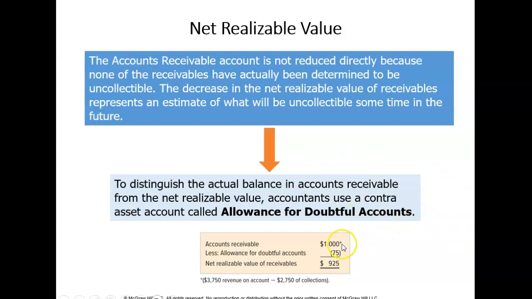But we estimate that $75 will become uncollectible. Therefore, our net value of receivables is $925. To interpret that, we're saying the clients owe us $1,000, but we expect that $75 will not be collected. Therefore, the net amount we expect to receive from our clients is $925.